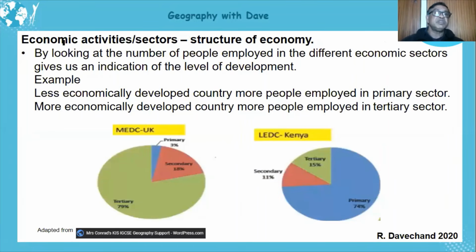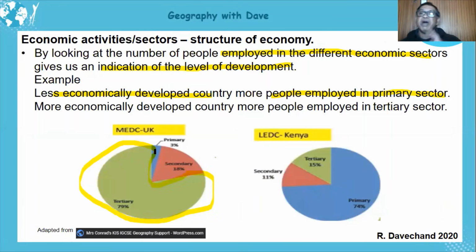And now what we notice, by looking at the number of people employed in different economic sectors, gives us an indication of the level of development. We look at these two here, learners. All right, less economically developed country, more people employed in the primary sector. They're still getting the raw materials.